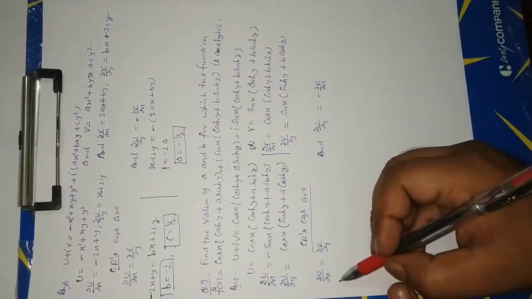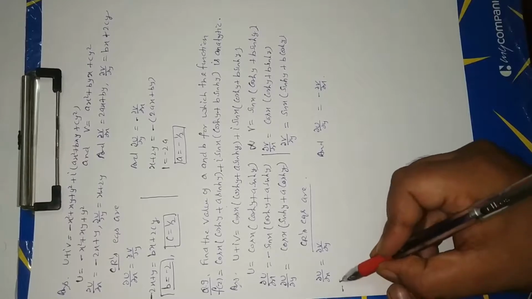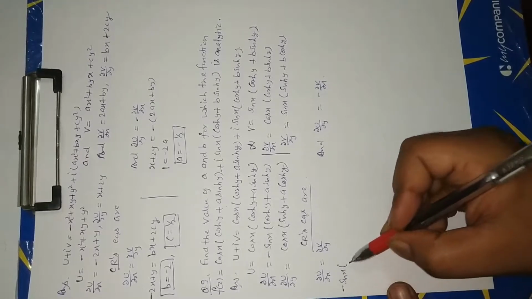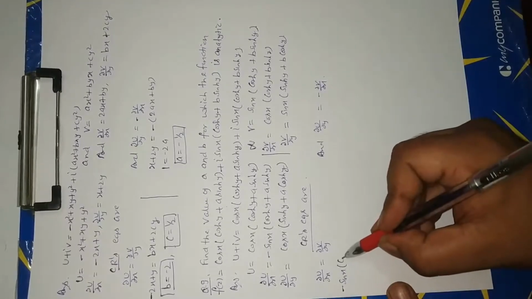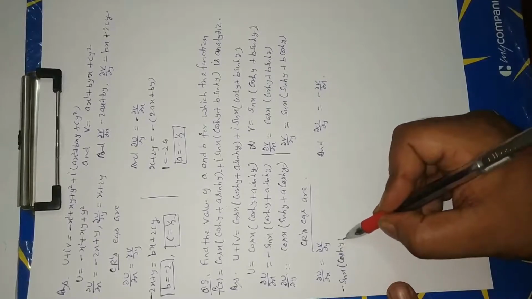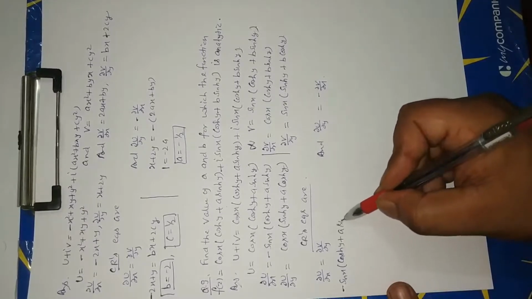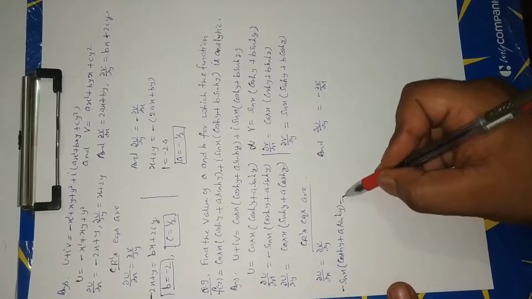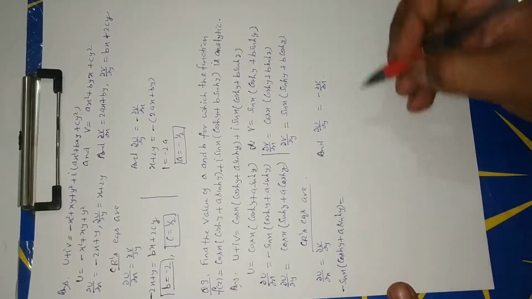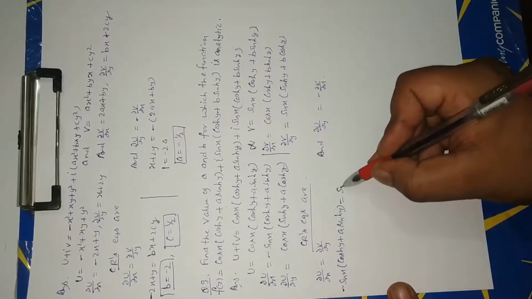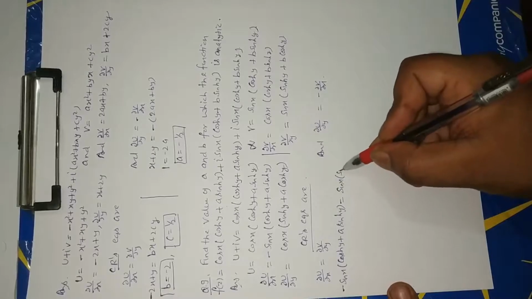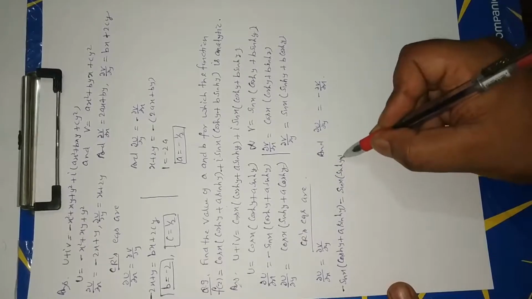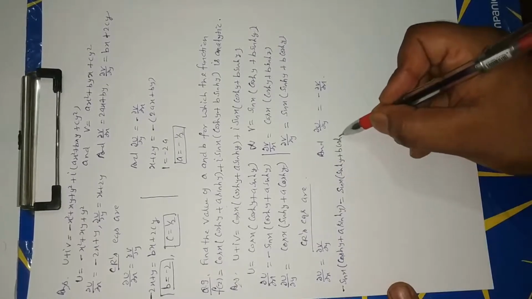Now putting the value of del u upon del x: minus sin x (cosh y plus a sinh y) is equal to del v upon del y, which is sin x (sinh y plus b cosh y).